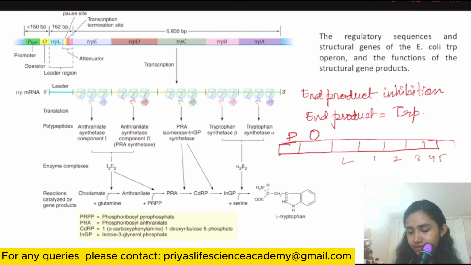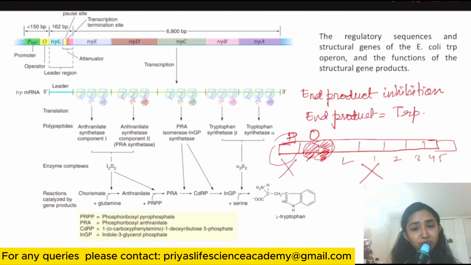So whenever the Apo repressor binds with the tryptophan, they both form a complex and they bind on the operator region. So the operator is blocked now. RNA polymerase can't bind on the promoter region and transcription is halted. So by this method, tryptophan is helping the Apo repressor to turn off the tryptophan operon.